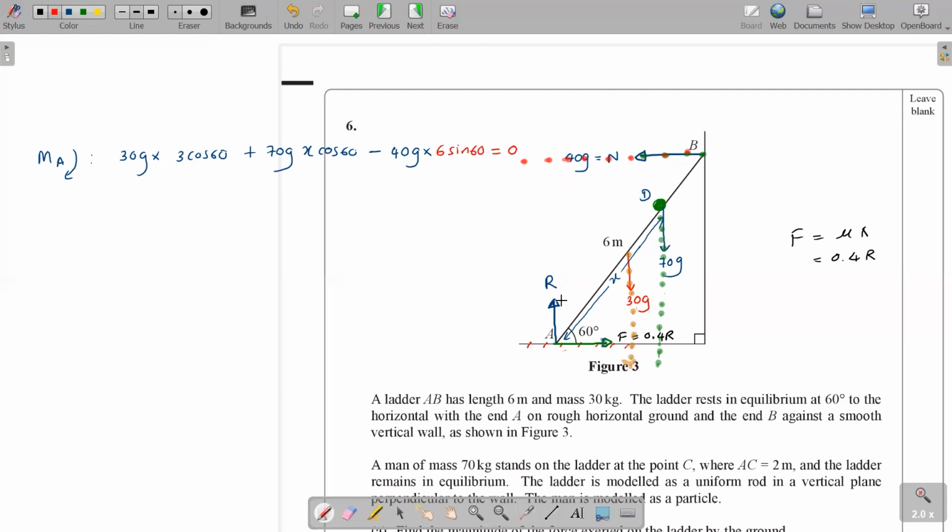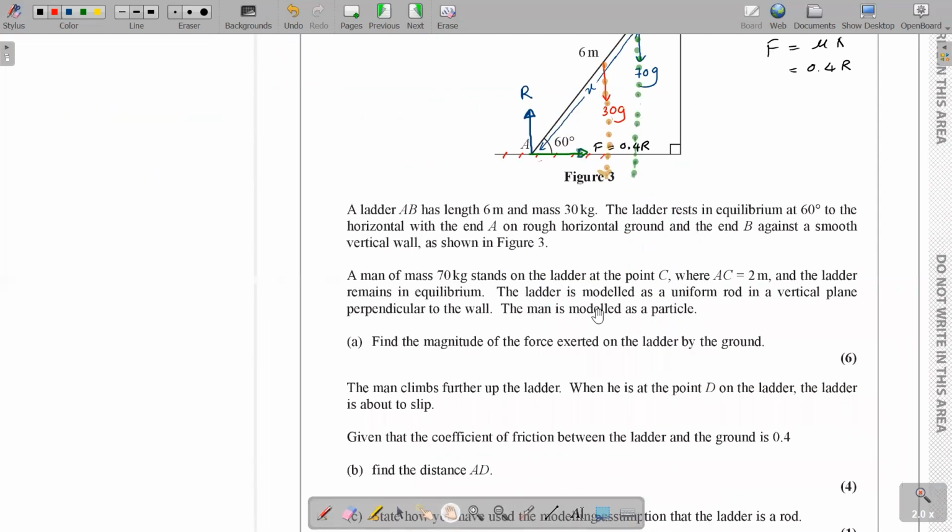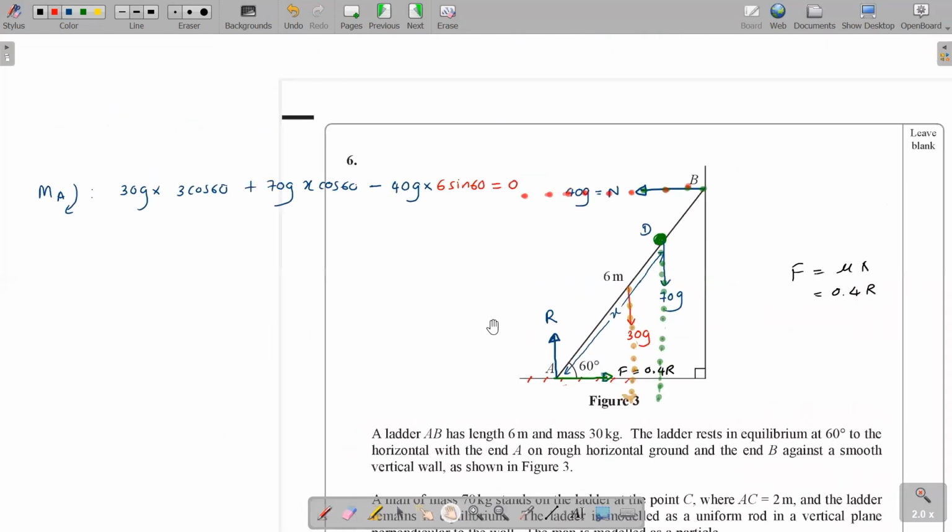So now what do we do? My moment equation is written now. It's a matter of making x the subject and finding the value of x. They want an exact value? No. 30G into 3 is 90G times cos 60. Plus 70G x into cos 60.